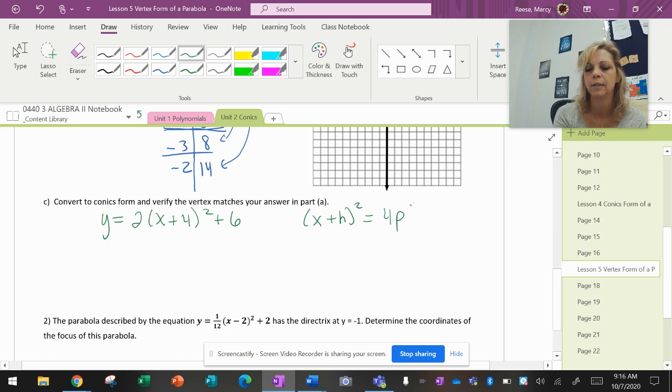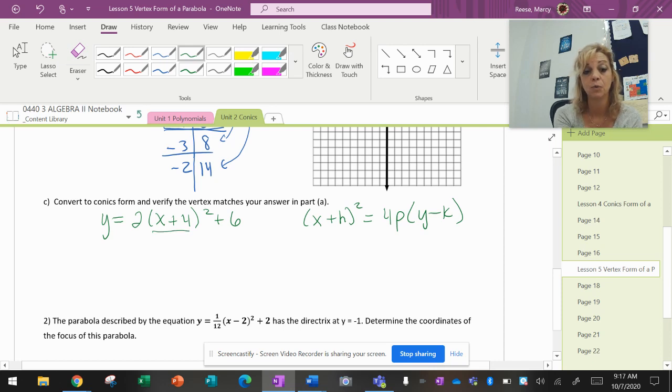I expect it to be in that form, right? That x plus h squared equals 4p parentheses y minus k. Okay, so we can get it there. All right, now I'm going to probably have it switched though, because see how the x plus h squared is on the left side? This one here, it's on the right.